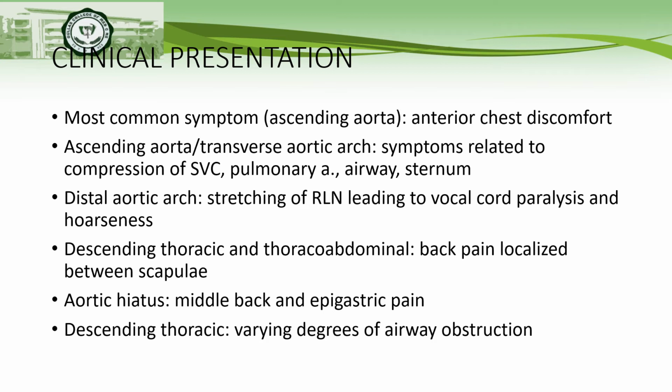When the aneurysm is largest in the region of the aortic hiatus, it may cause middle back and epigastric pain. Descending thoracic aortic aneurysms may cause varying degrees of airway obstruction, manifesting as cough, wheezing, stridor, or pneumonitis. Pulmonary or airway erosion presents as hemoptysis.